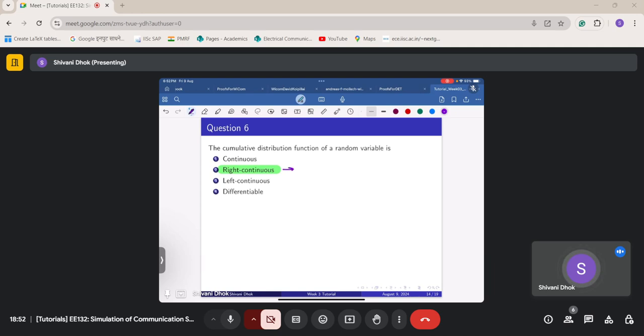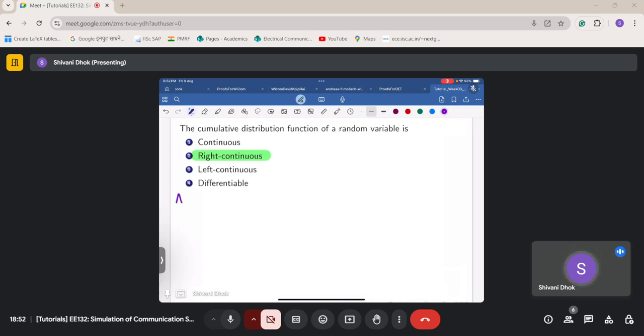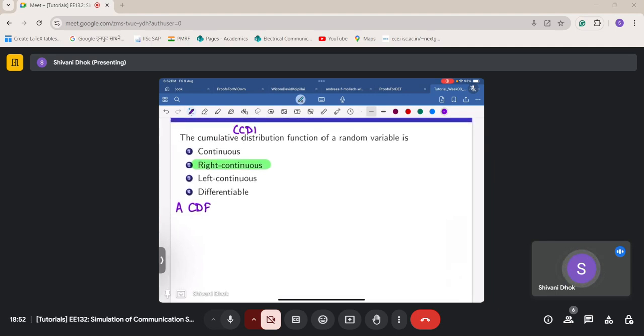So let me just write the defining properties. A CDF, the cumulative distribution function of a random variable x, that is, let's say fx of x, has 4 defining properties.